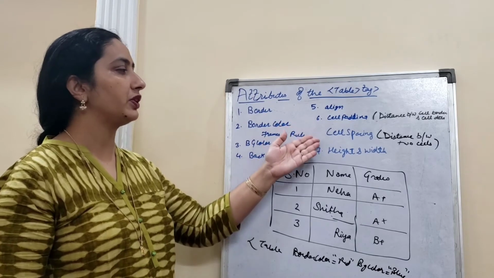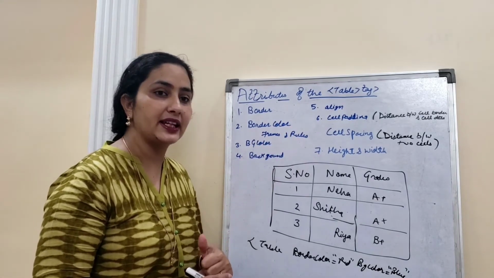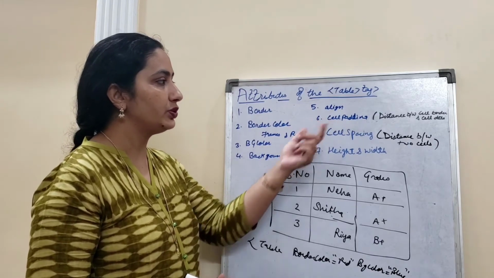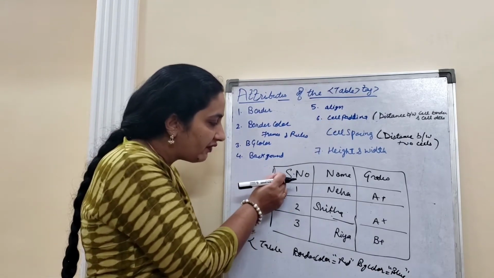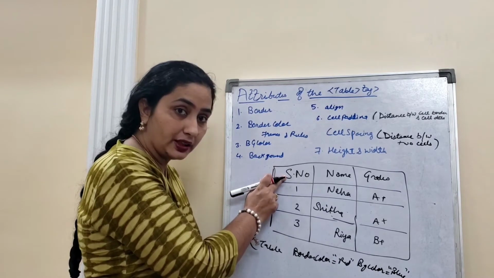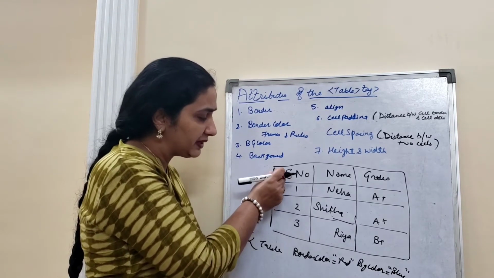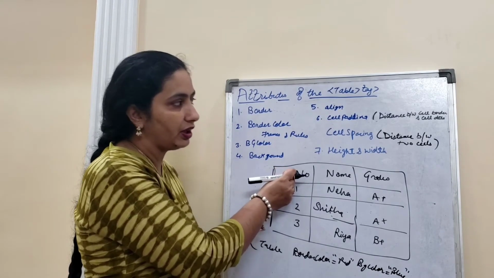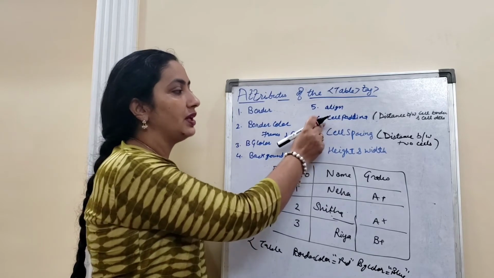Now the next attributes are cell padding and cell spacing of the table tag. Cell padding we use when you want specific space between this border and the data of your table. So if you want specific space between this border and your cell data, then you can use cell padding.